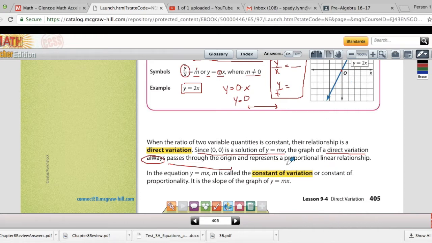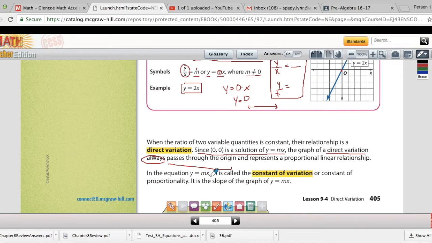It doesn't mean that if it doesn't pass through the origin, it's not a linear equation, because we can still have lots of different lines that pass through different points on the y-axis. It's just that if it passes through (0, 0), that has to be true for it to be a direct variation.